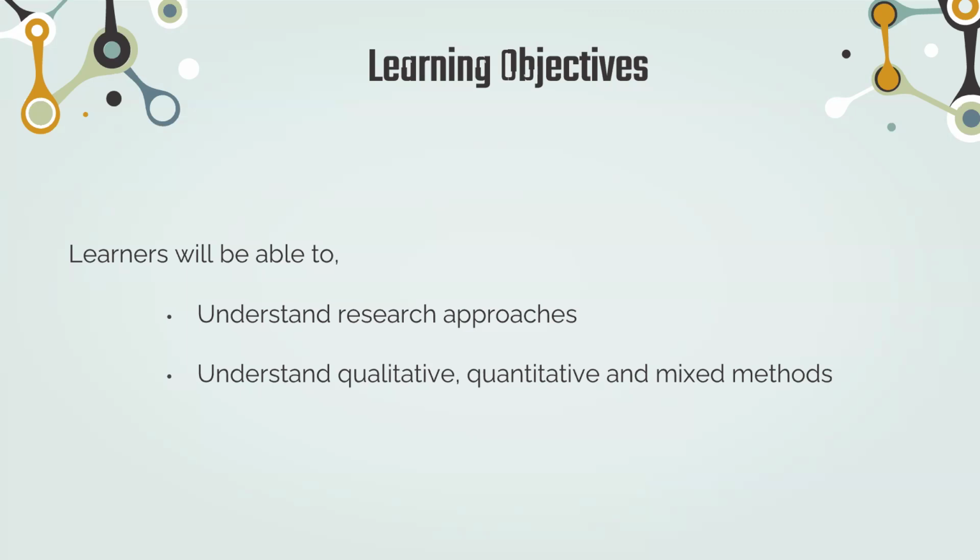With this first lecture, I plan to discuss that part. Second, you would be able to understand qualitative, quantitative, and mixed methods. These are the main methods used to collect and analyze research data. In simple words, this lesson helps you to understand whether your study should use numbers, words, or both.